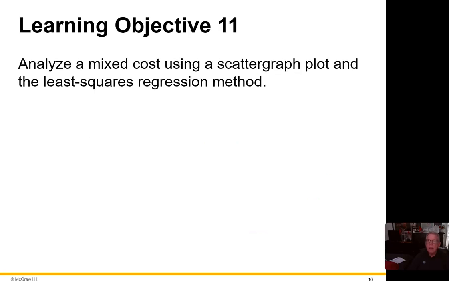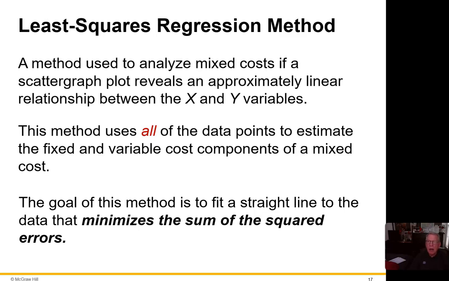Okay. So now let's take a look at analyzing a mixed cost using a scatter graph plot and a least squares regression method. This is a method used to analyze mixed costs if a scattergram plot reveals an approximate linear relationship between the x and y variables. This method is going to use all the data points to estimate the fixed and variable cost components of a mixed cost.